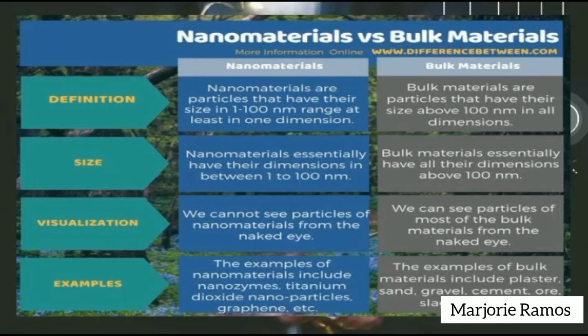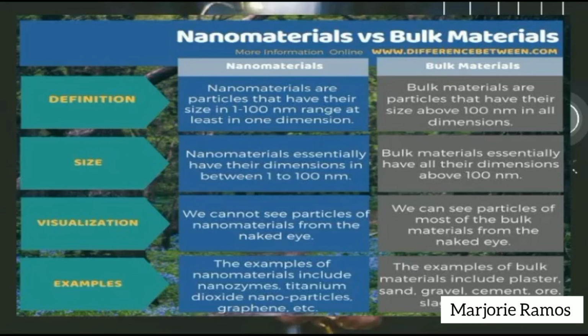Nanomaterials are particles that have their size in the 1 to 100 nanometer range in at least one dimension, while bulk materials are particles that have their size above 100 nanometers in all dimensions. They also differ in size: nanomaterials essentially have their dimensions between 1 to 100 nanometers, while bulk materials essentially have their dimensions above 100 nanometers.